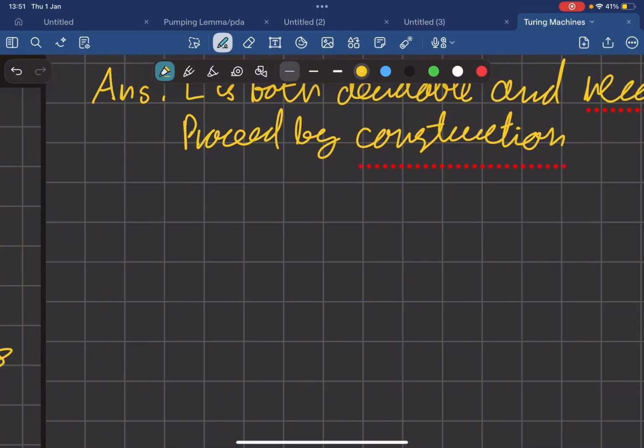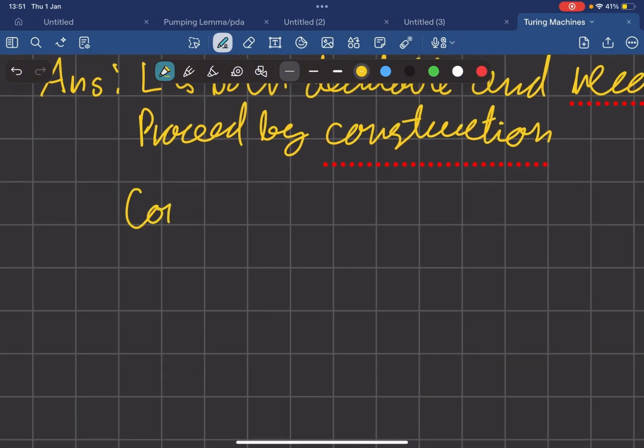So construct a TM that follows the following steps.